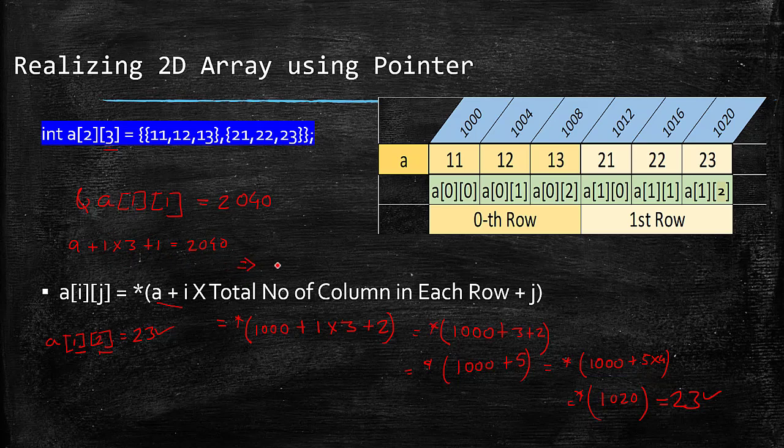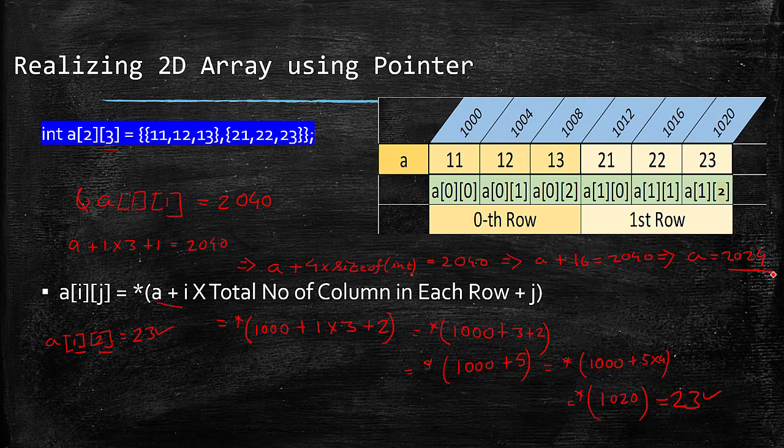So this will give me A plus 4 into sizeof(int), as A is an integer type array, equals 2040. So this gives A plus 16 equals 2040, which implies A equals 2024. So the base address of the array is 2024.